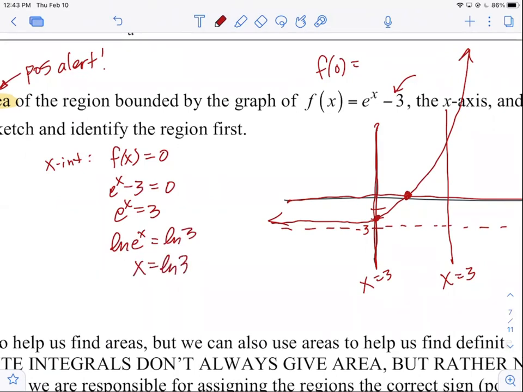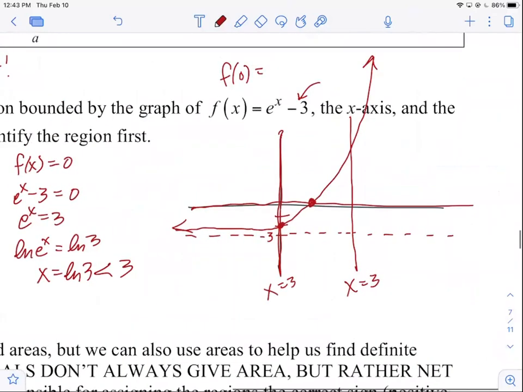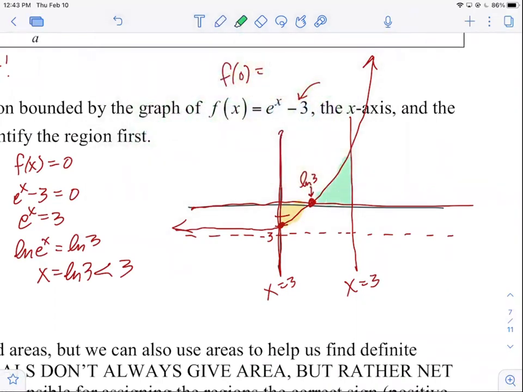What is bigger, x equals 3 or the natural log of 3? X equals 3. Yeah. This is less than 3. So I know that this x-intercept right here, which is the natural log of 3, is in between the intervals of integration. So I have this region, which is below, and then I have this region, which is above.